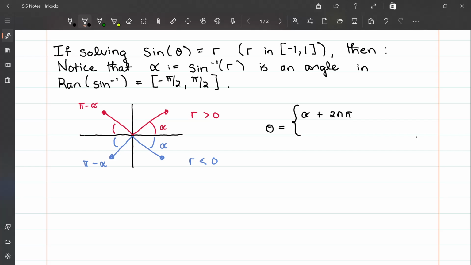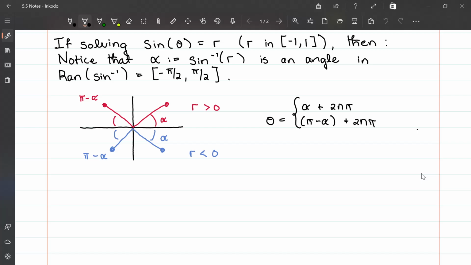If you like to work in degrees, this would look like alpha plus 360n instead of 2 pi n. The other one would look like pi minus alpha plus 2 pi n. And these would represent all possible solutions for the equation sine of theta is equal to r.